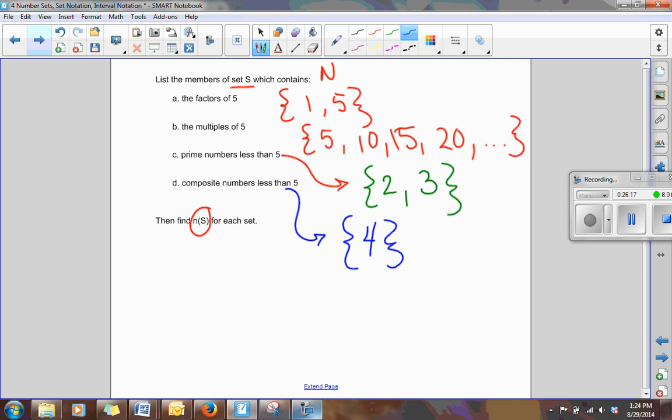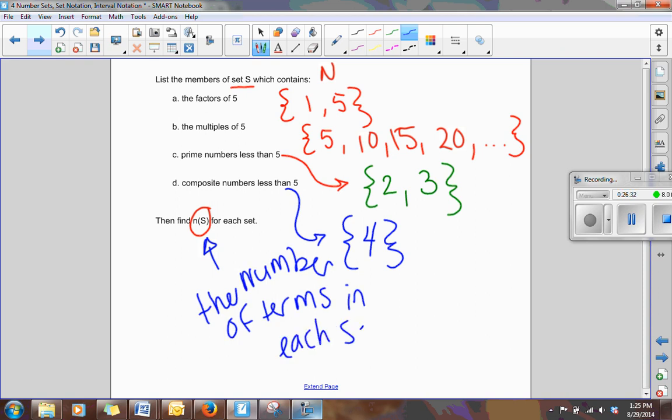Okay. N of S refers to the number of terms in each set. Okay, so the number of terms. So here we have 2.